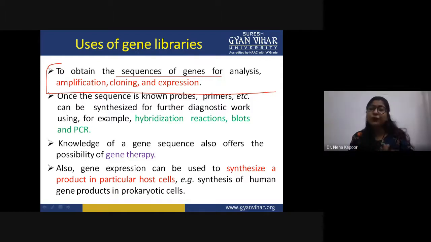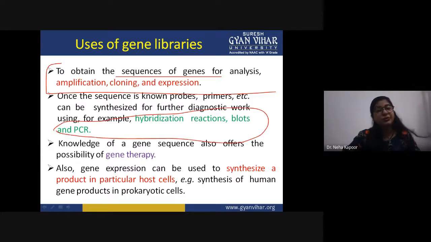For example, if you want to go for hybridization reactions, such as northern hybridization or southern hybridization, or you want to go for PCR, the polymerase chain reaction, to amplify a gene when the sample is small and you want an ample amount of it. Basically, all of these techniques are dependent upon the sequence of the genome or the sequence of that very DNA.